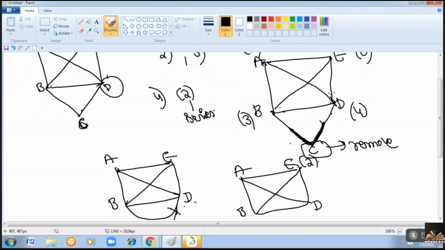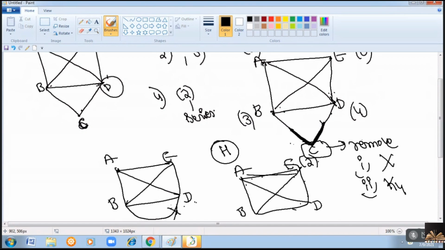Now, again check: do we have any loops? No. Multiple edges? No. What is the degree of A? 1, 2, 3. E: 1, 2, 3. C, D: 1, 2, 3. B again 1, 2, 3. Therefore, it is a new graph H. Does the new graph H have only a single edge? No. Is it a complete graph with 4 vertices?